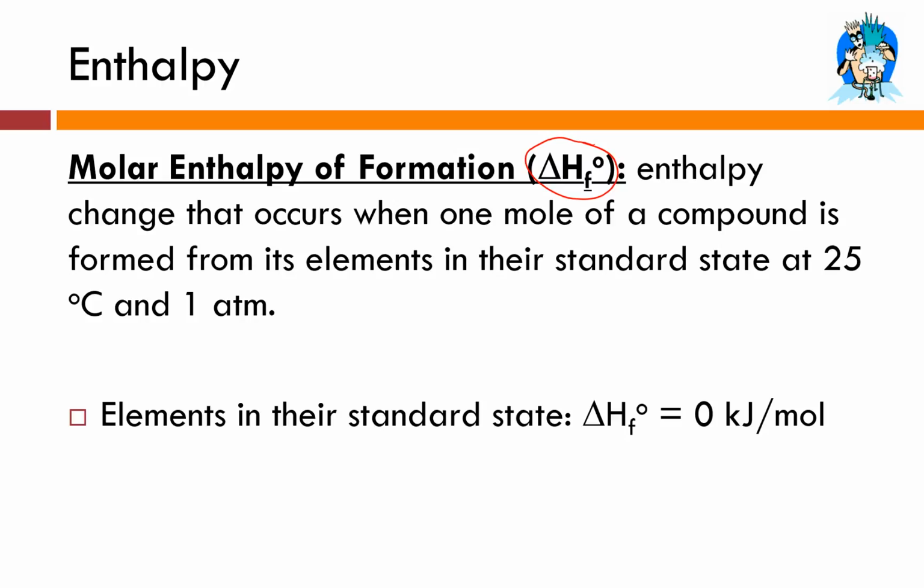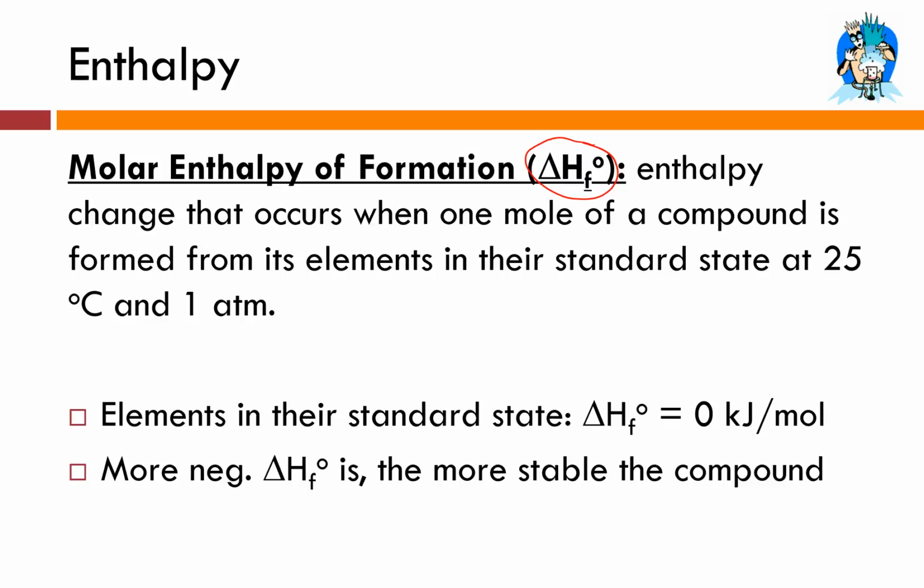If you have an element in its standard state, so basically an element in the phase that it exists at 1 atmosphere of pressure, and I think they say either 0 or 25 degrees Celsius, it's escaping me right now, it has a heat of formation of 0. For example, O2 gas that has 1 atmosphere of pressure and 25 degrees Celsius, it's going to have a delta H sub F of 0 because it exists as a gas.